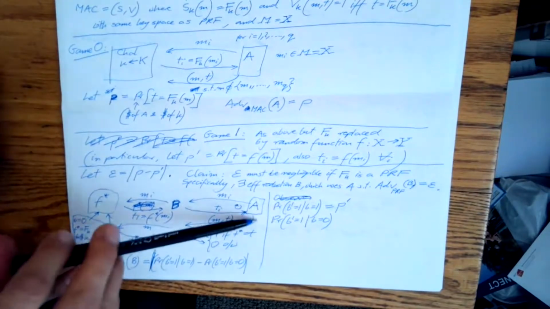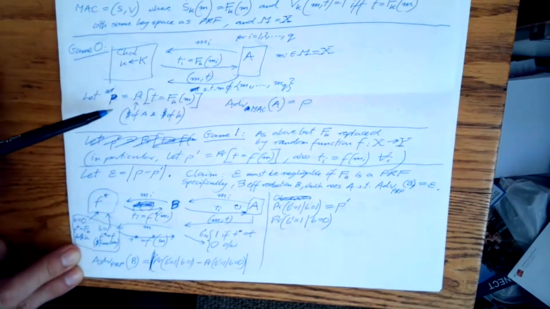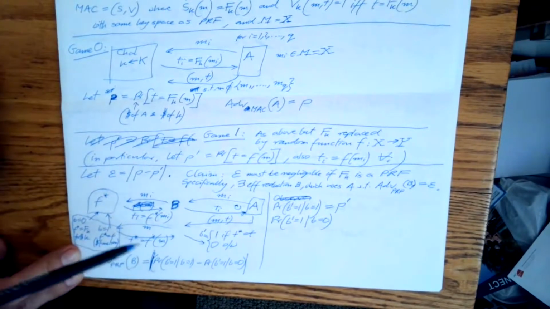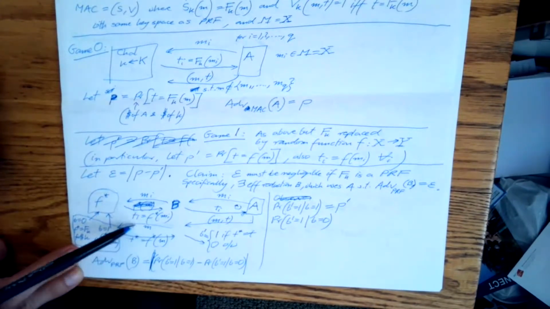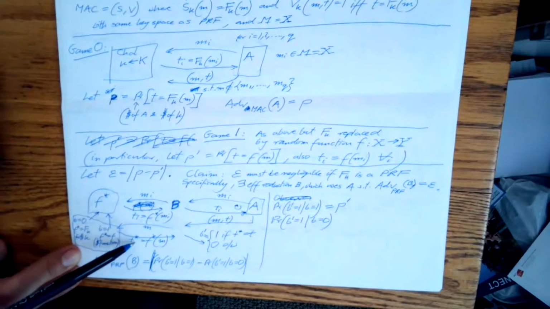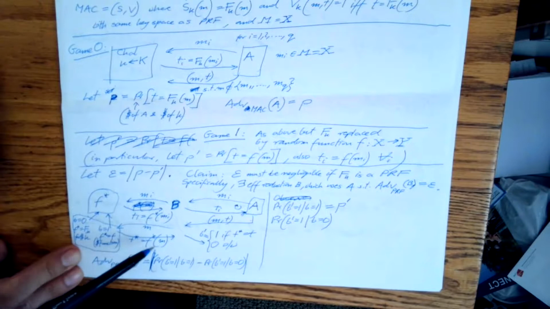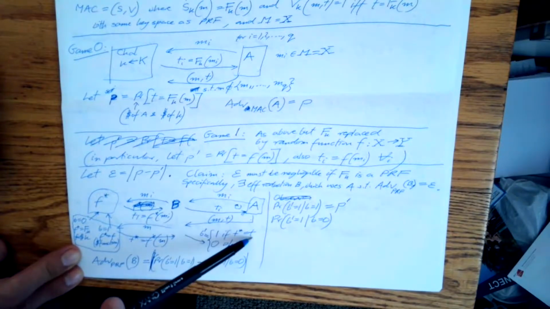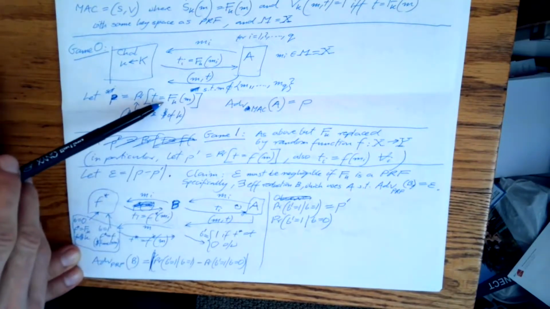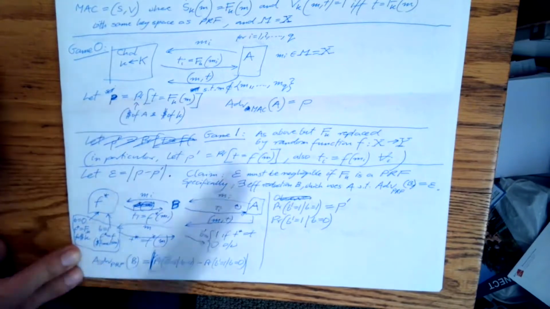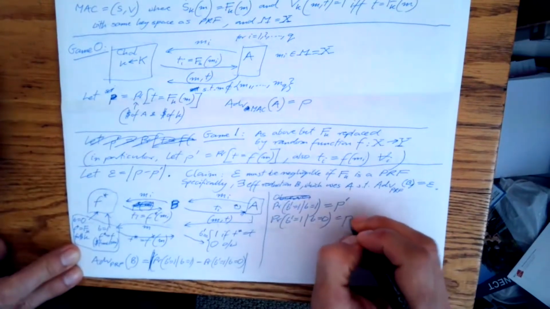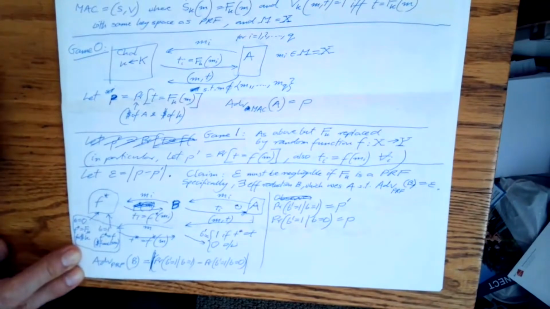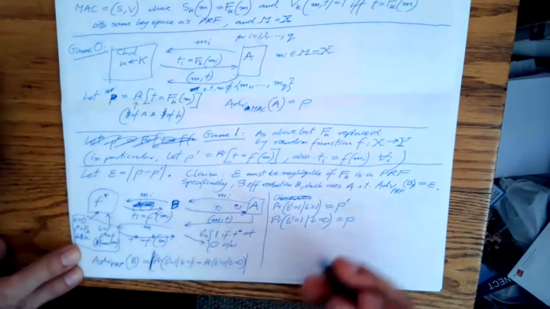Now, m, t is output by the attacker, and what happens with it? m is sent here, and t star is f_k of m. So this equality holds if f_k of m, which is t star, is equal to t. Well, that's exactly this test. So this probability is P, which ends the proof, right?